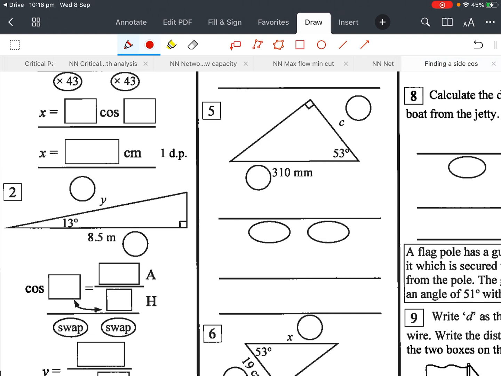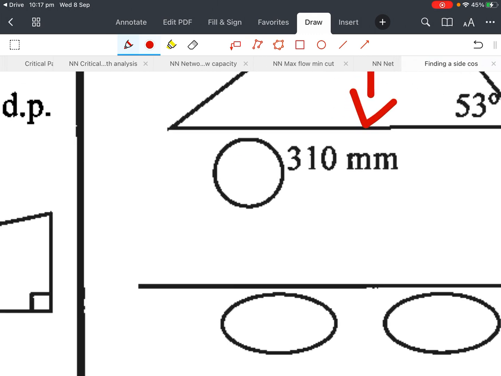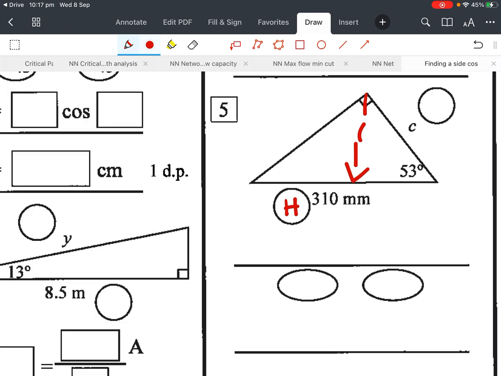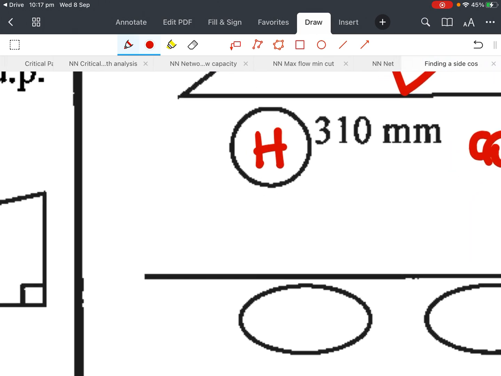Let's go. So your first step, label the sides. Here's your right angle. So go across from your right angle. What's opposite the right angle? Hypotenuse is. Remember that? This one, it's right next to the angle, so it's adjacent. Remember, we're doing a cos sheet, so it should be cos theta equals A over H. So let's do that now on the first line.